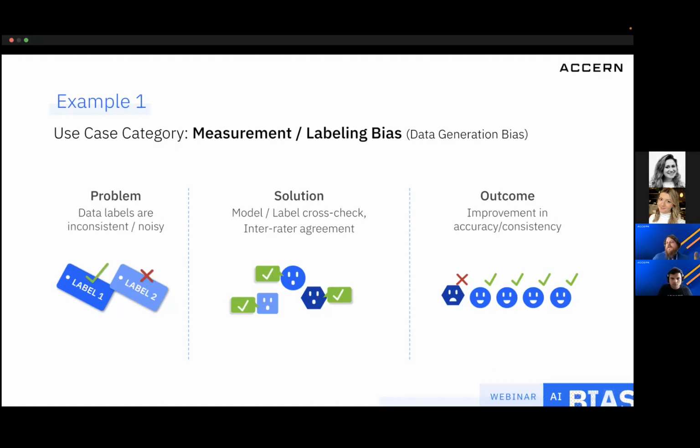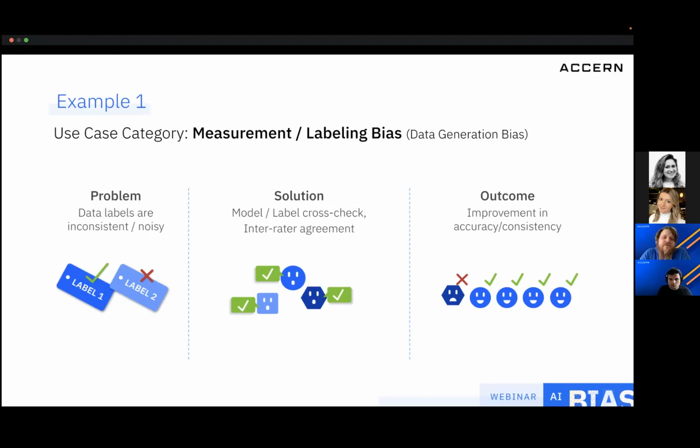Because if the labels are not up to standard, especially if you're aiming for 95 to 99% accuracy, and the data itself doesn't have that accuracy, you will never be able to reach that number. You might think the model quality is that high, but you need to take into account the accuracy of the data itself, which might be lower. So it's basically the combination of both.